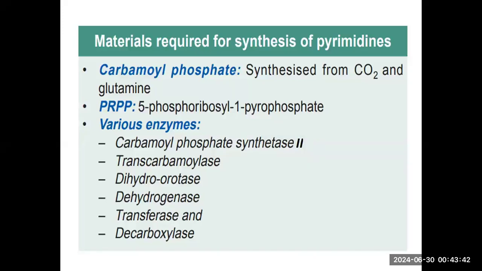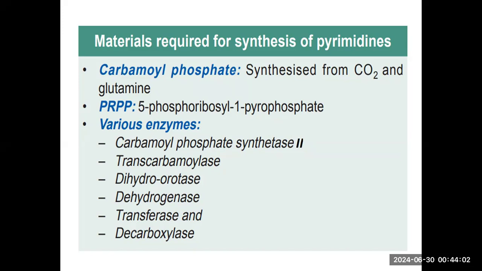The materials required for synthesis of pyrimidine, that is, what type of molecules, enzymes and other materials that we need for the synthesis of pyrimidines. Number one, the starting point is the synthesis of carbamoyl phosphate.